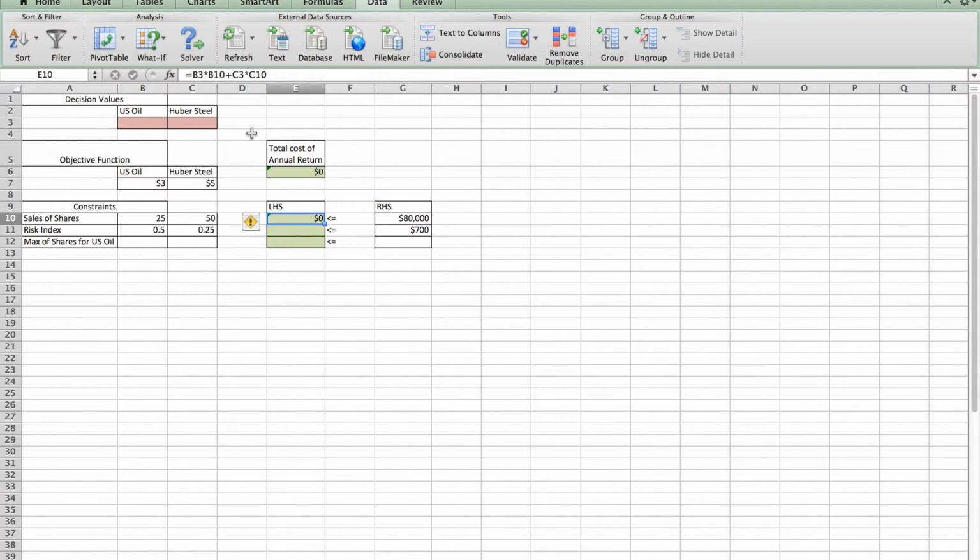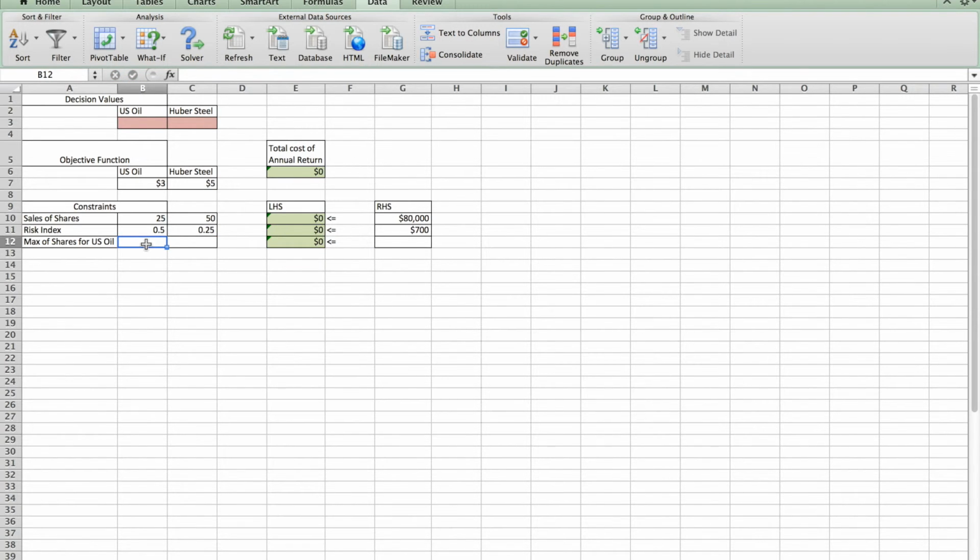Or actually, don't forget to make sure that this stays the same for all the formulas down here. So we're going to put the dollar sign, so that way these stay constant. And now all we got to do is drag the formula down. See here? Now we know that this will stay the same because of the dollar sign.